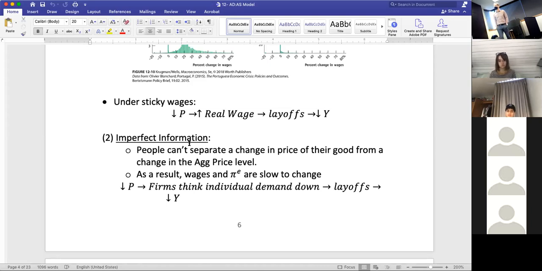What this means is that if the price level falls, that could lead to layoffs and a fall in aggregate output. So that's our upward sloping aggregate supply curve.